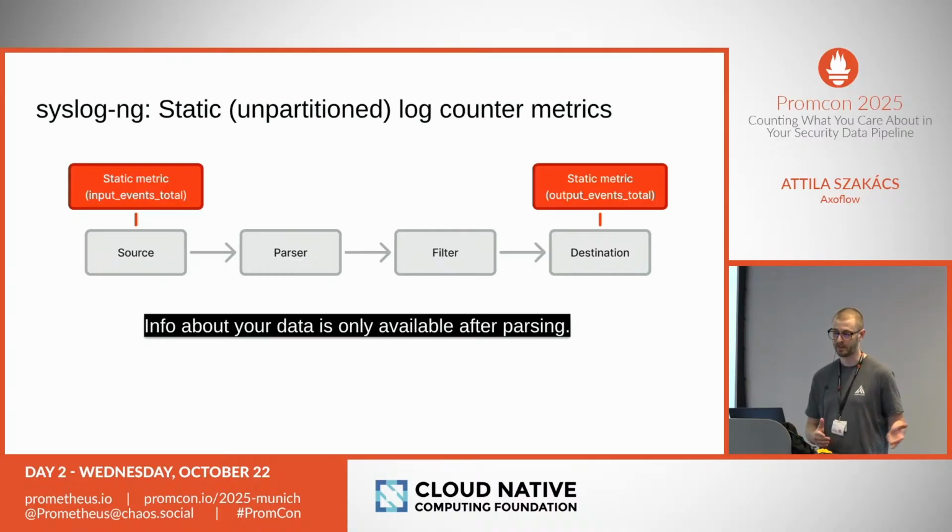In the source driver, those are just characters, and later the JSON, CSV, or KV parser, or the syslog parser is what makes sense of it. So syslog-ng doesn't have the luxury of having readily available structured data that it can pick the interesting labels from.